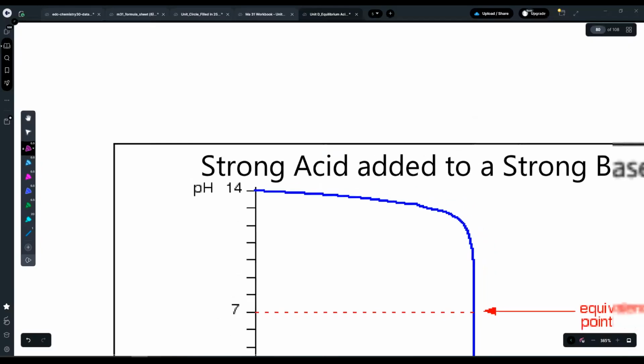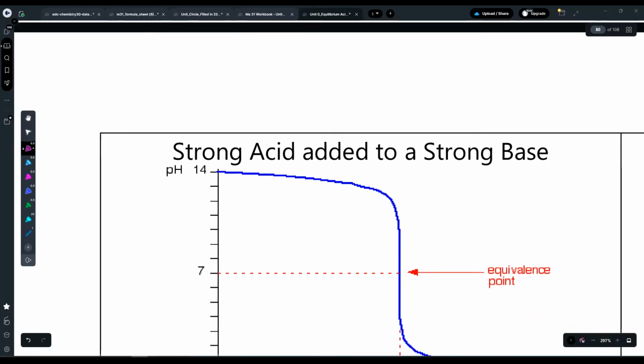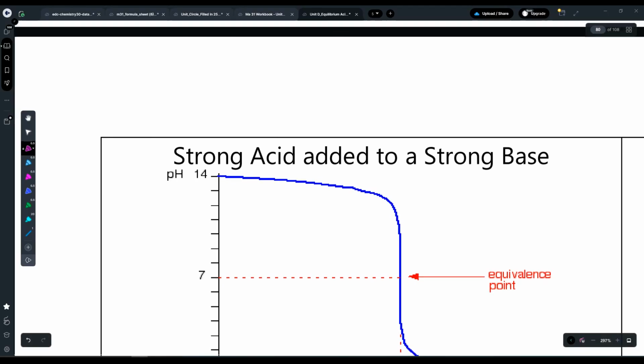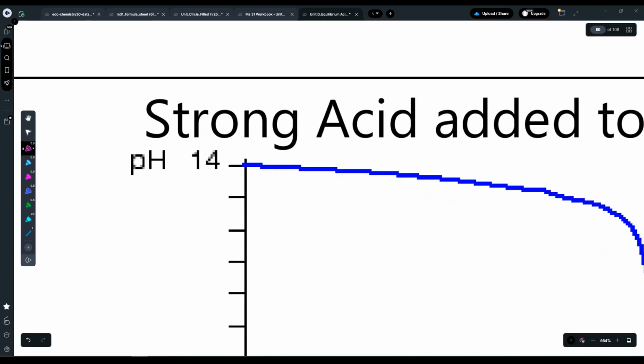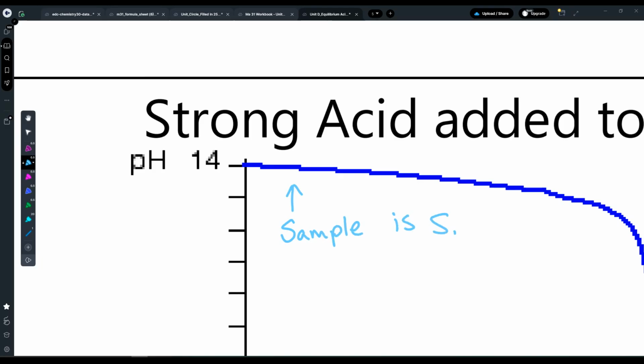So looking at this first titration curve, we have a strong acid being added to a strong base. Now, looking at the pH curve, it starts out at a pH of 14. So that tells us that the sample is a strong base, which I'm going to abbreviate to SB.